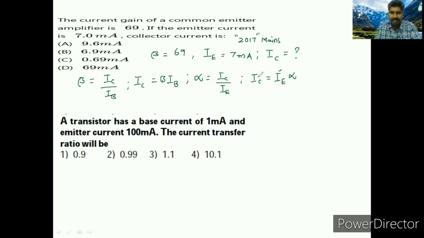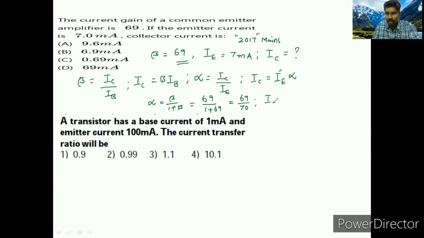How can we get alpha? What is the relation between alpha and beta? Alpha is equal to beta by 1 plus beta. What is the beta value they gave? 69 by 1 plus 69, so 69 by 70 is the alpha value.